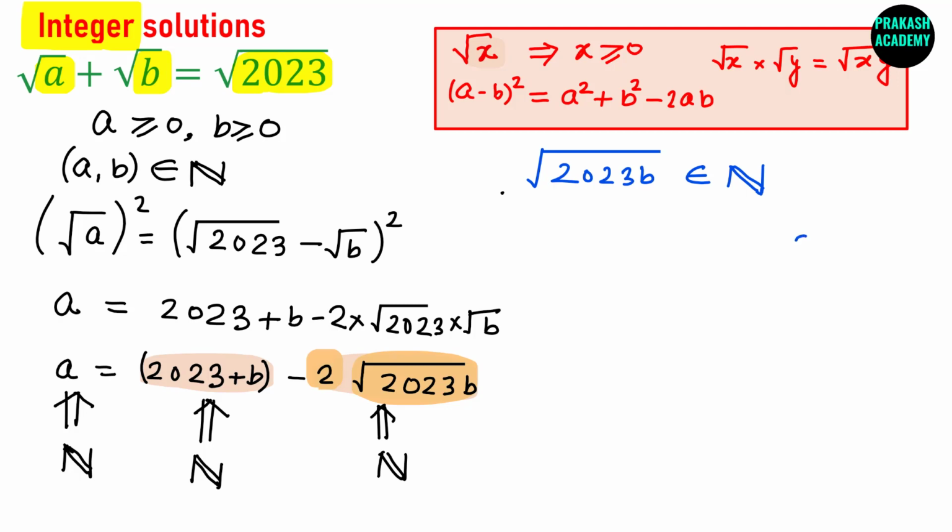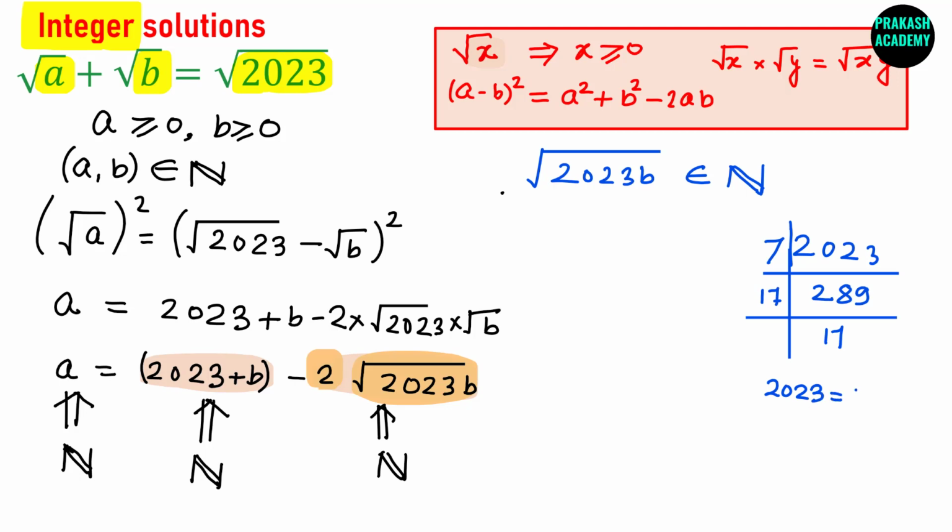So if you factorize 2023, you will have, if you take 7, it will not be divisible by 1, 2, 3, 4, 5. So from 7 you will have 289 and then it will be divisible by 17. So basically 2023 can be written as 17 square times 7.